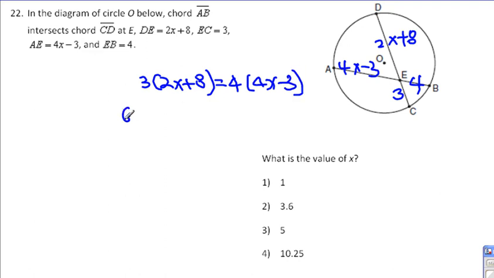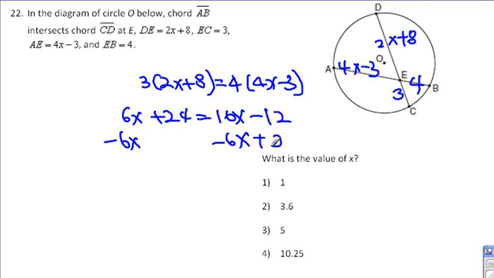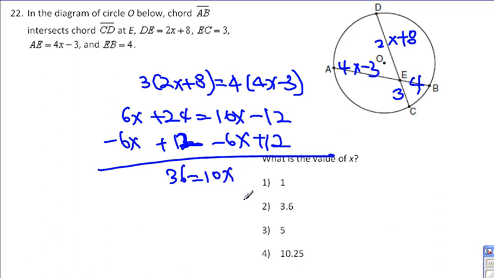Then when you multiply them out, we get 6x plus 24 is equal to 16x minus 12. So subtracting 6x, adding 12, we get to realize here 36 is equal to 10x. Obviously the value of x is equal to 3.6.